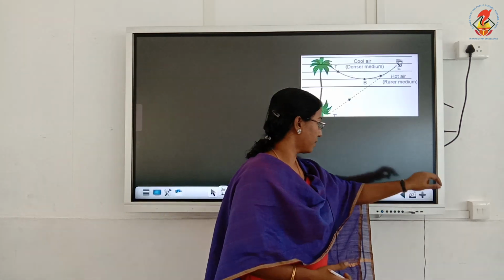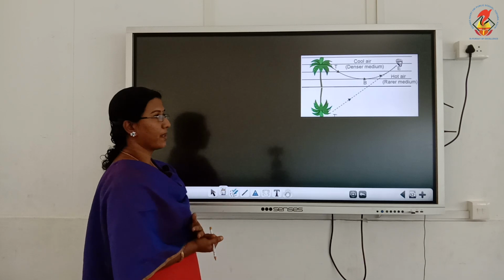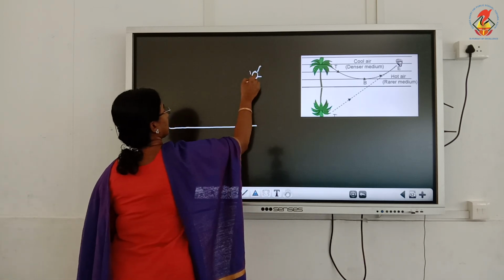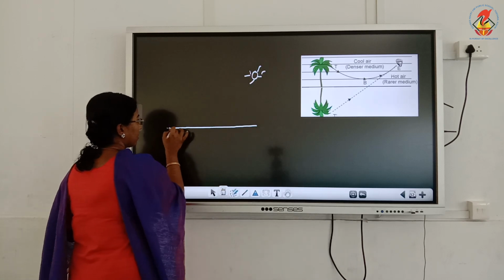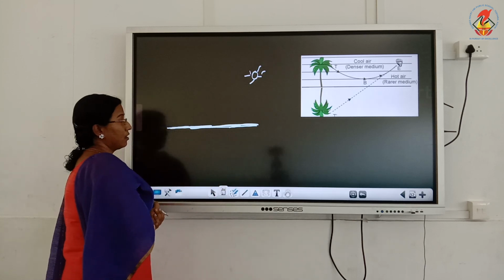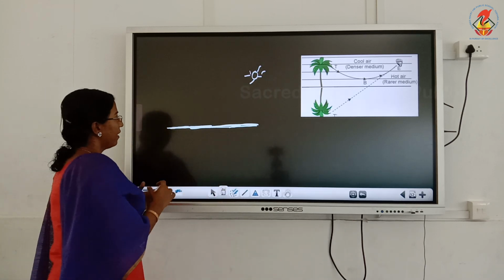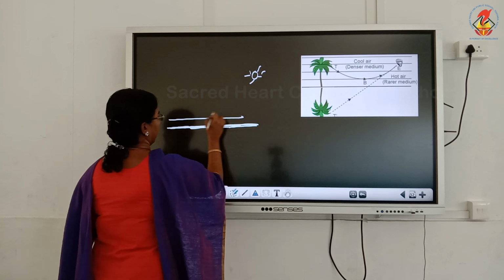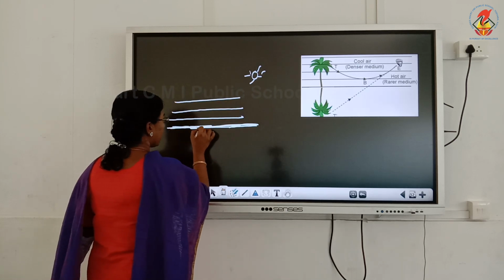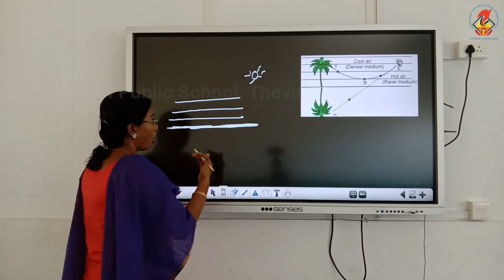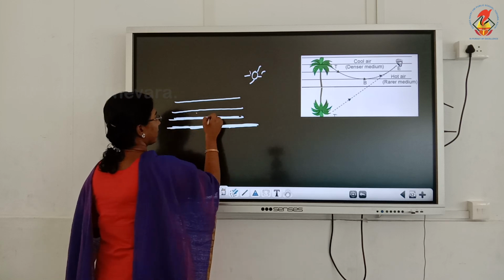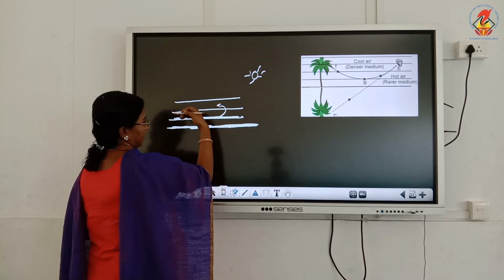Now, what causes a mirage? If it is very hot, the surface of the earth will be very hot. The air which is closer to the surface of the earth will also be very hot. If you take a region and divide the air into different layers, this layer that is very close to the earth will be hotter when compared to the one above it. And this layer will be much hotter when compared to the layer above it, and so on.